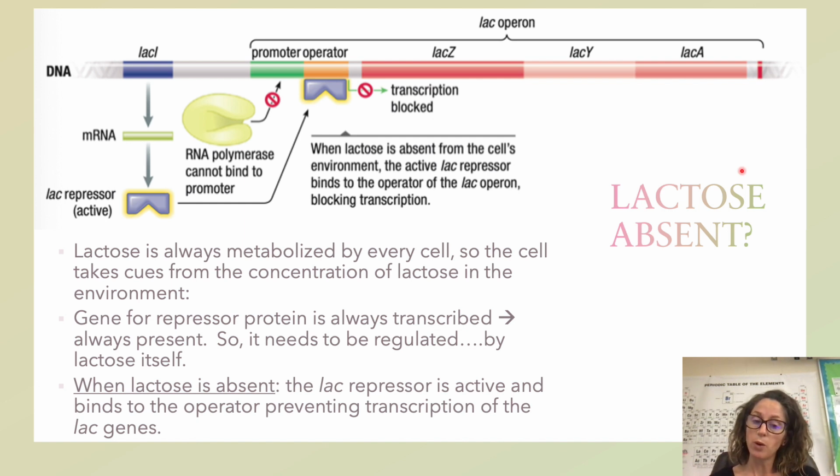So that's why this repressor would be present and preventing transcription when there is no lactose, because there's no need to be trying to metabolize it when it's not there.